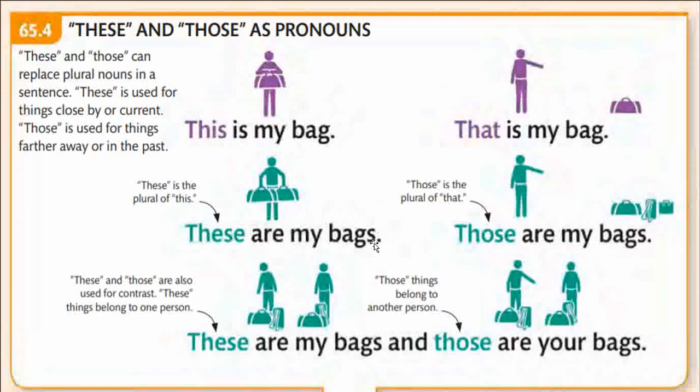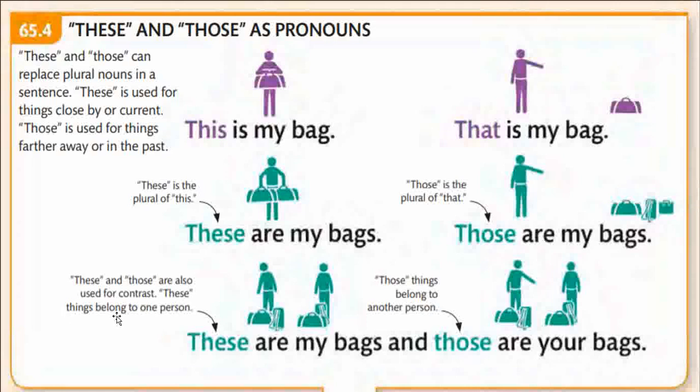These are my bags. Instead of saying it or they, the word these is playing the role of a pronoun. Those are my bags. That becomes those are my bags, S added. So those over here is playing the role of a pronoun. These and those are also used for contrast.